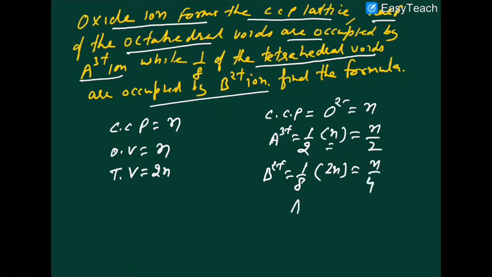So here A is N/2, B is N/4, and O is N. Are you sure? Multiplying all by 4, the answer will be A is 2N, B is N, and O is 4N.